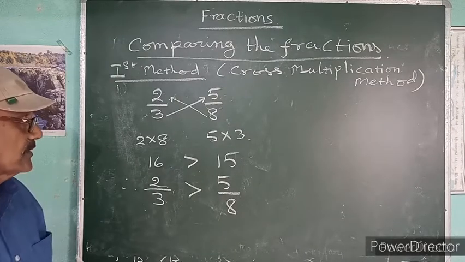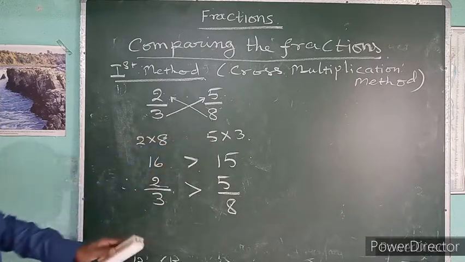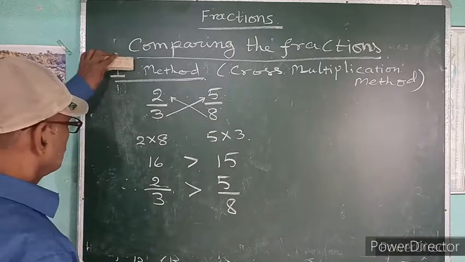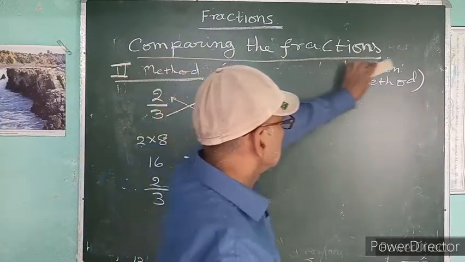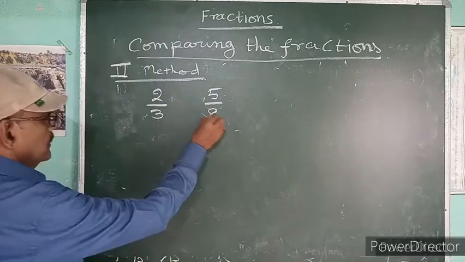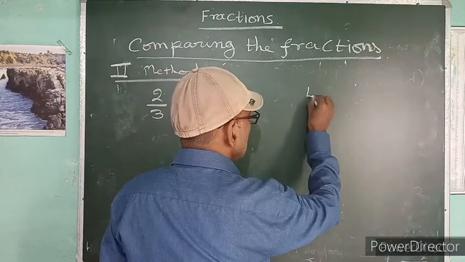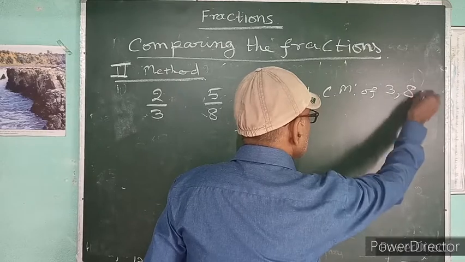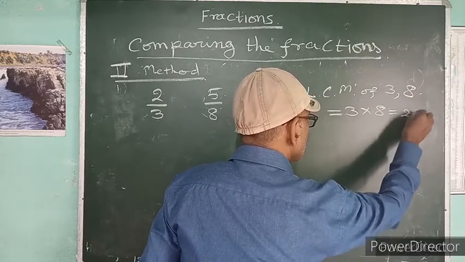The other method is taking the LCM of the denominators 3 and 8. Take the LCM of 3 and 8. 3 into 8 is equal to 24.